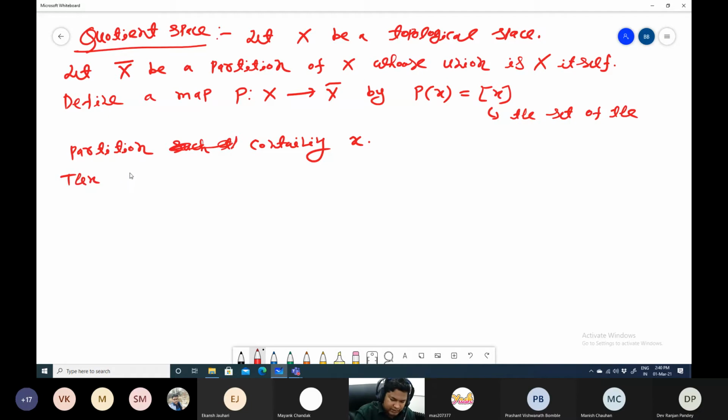Then obviously P is a surjective function.